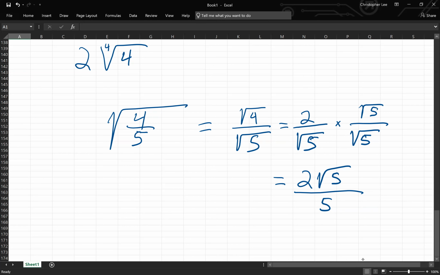I'm not sure. So, is it like an ABC thing associated with that? Right. Square root of A over B. So A would be 5.